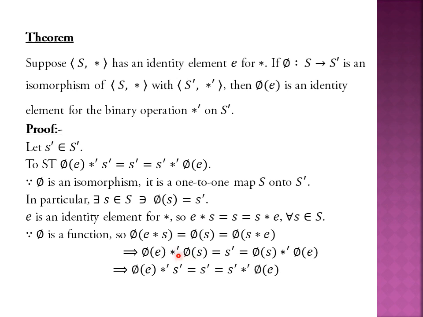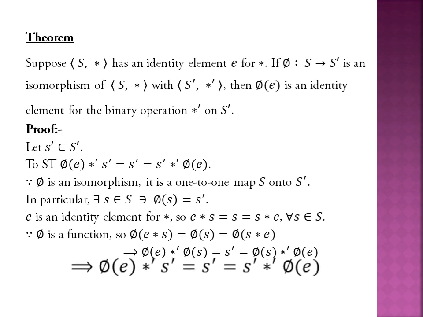So we replace phi of s by s dash on the two sides. Phi of s is here, also phi of s is here. So we replace by s dash. So we get the equation phi of e star dash s dash equals s dash, which is equal to s dash star dash phi of e. So we prove the theorem.